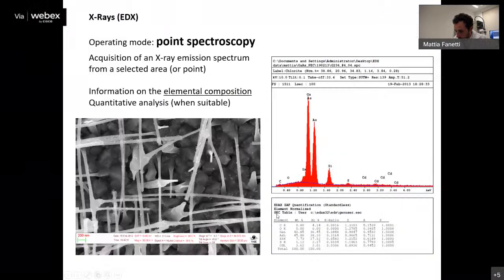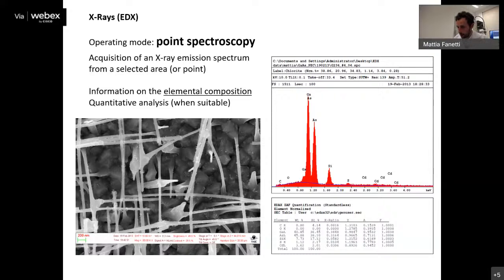Okay, after you collect a spectrum, the first thing is to understand what is the intensity of the peaks. So you have to subtract the background and measure the area of the peaks. But this is only the first step.